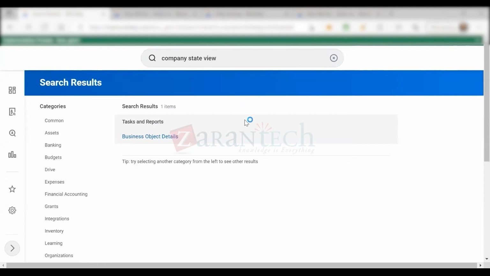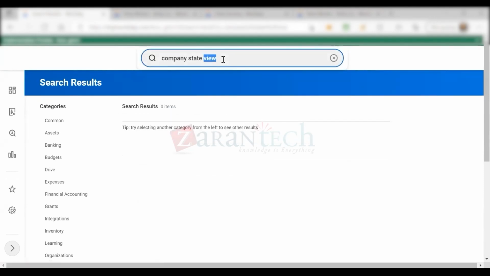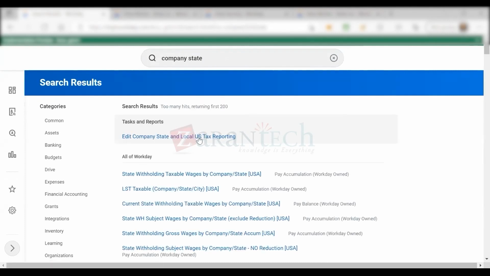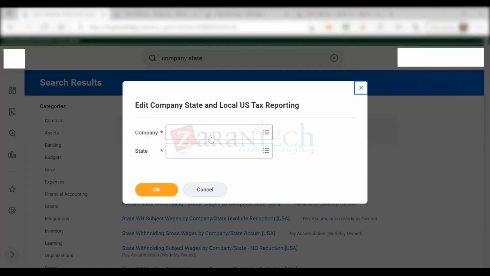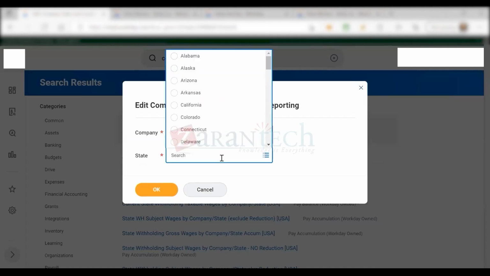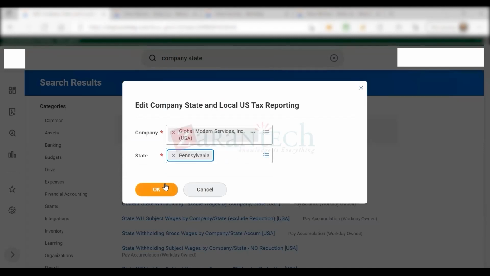And especially I'm looking for the state of Pennsylvania. That's one of the complicated ones. They have a lot of local. So let's do this. Company, state. Yeah.